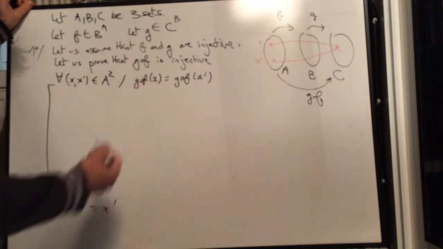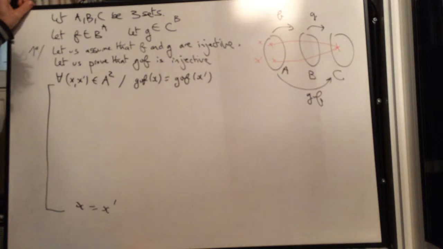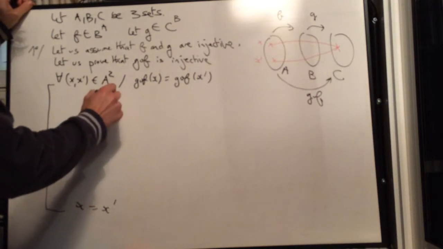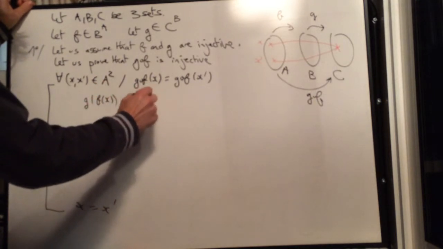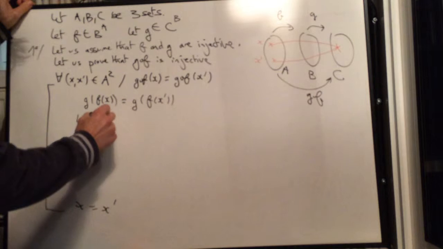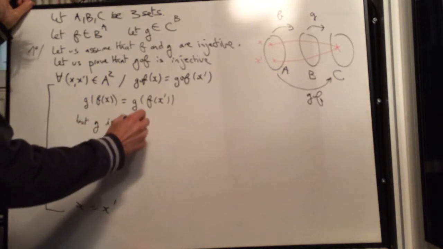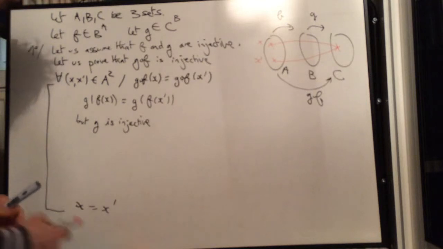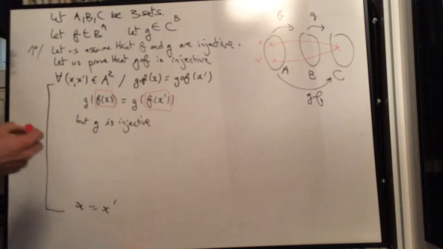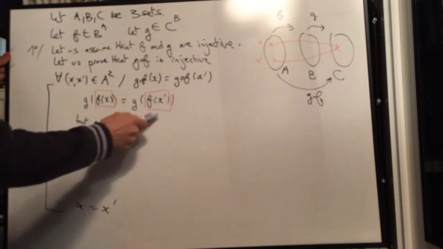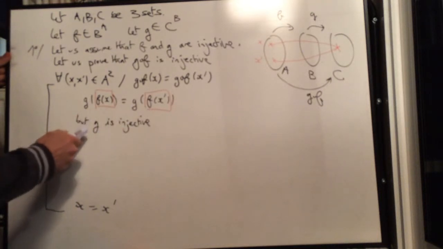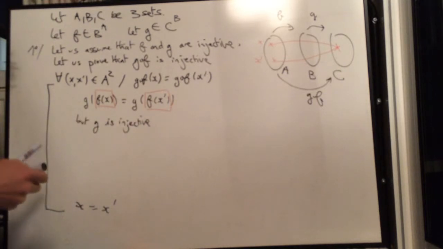We know that g of f of x is equal to g of f of x prime. Hence, we have g of f of x is equal to g of f of x prime. But g is injective, so if the images of these two boxes by g are equal, we can conclude that those two boxes are equal.